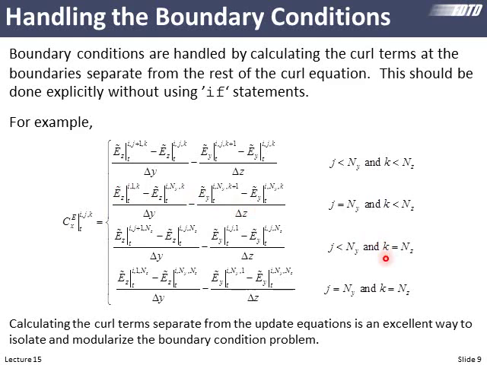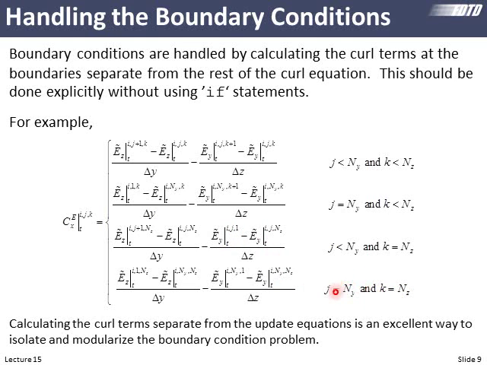Another place we have a problem is at the z high side of the grid. That's because we have a k plus 1, and that would be outside of the grid. So what do we do? We put a 1 in place of that k plus 1 term. We're reaching to the other side of the grid. This is periodic boundaries. We would just put a 0 in here for Dirichlet boundaries. And then a 4th case when both of these are the case.